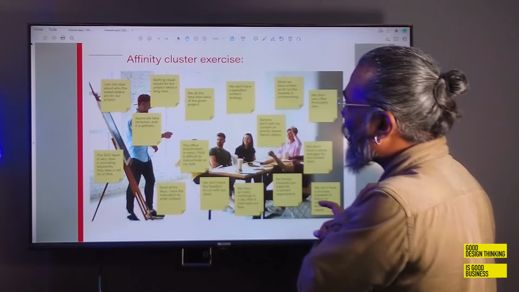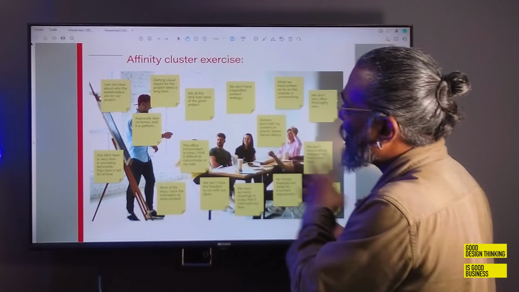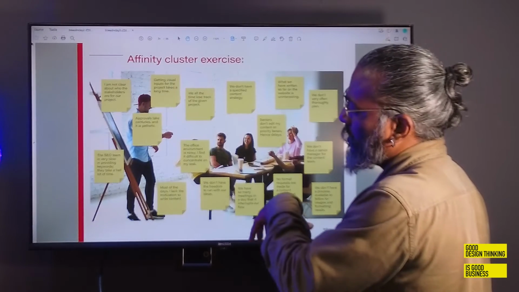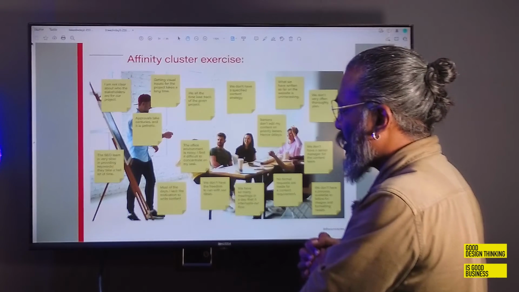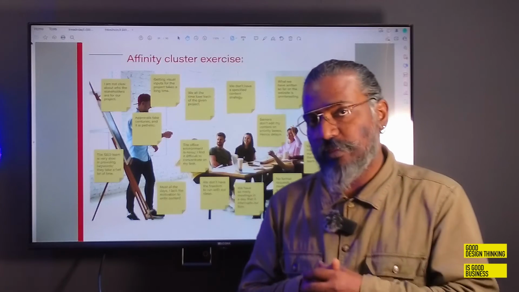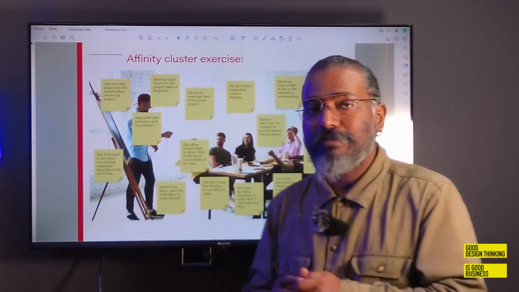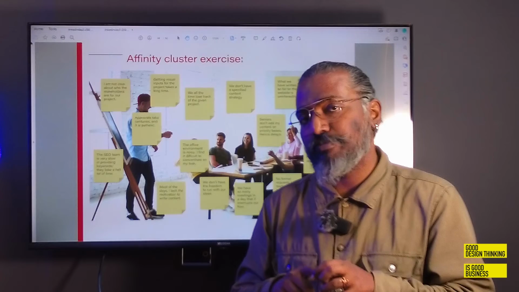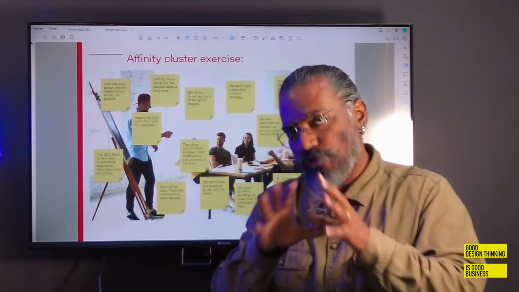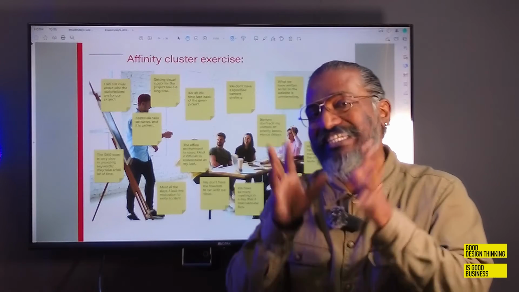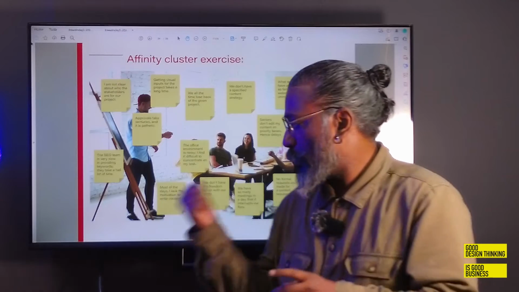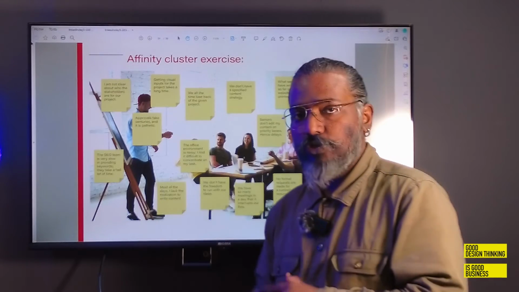Okay, just look at it, there is somewhat like delay, processes are not available, the place is noisy, I don't feel motivated. I don't feel motivated, it's a very personal thing. I can't concentrate because of the noisy atmosphere. So there is one bucket or one cluster, an affinity cluster around that particular individual-centric issues.